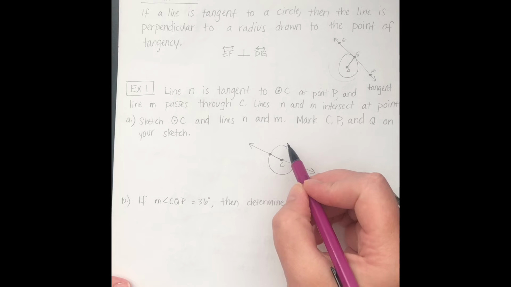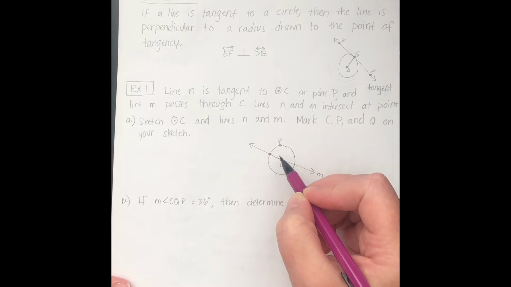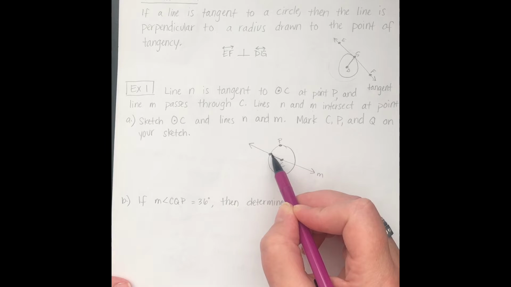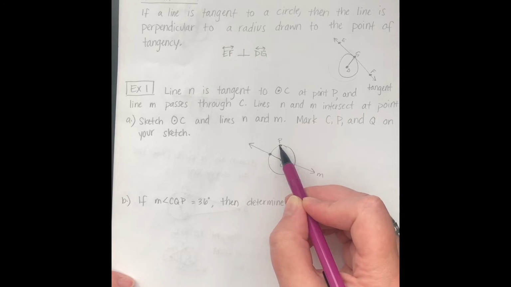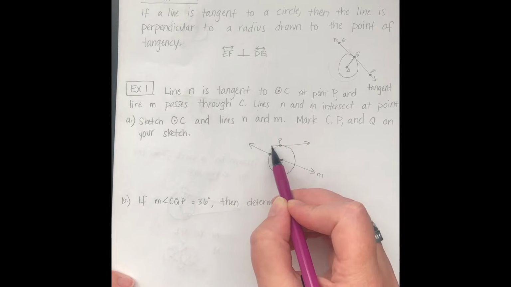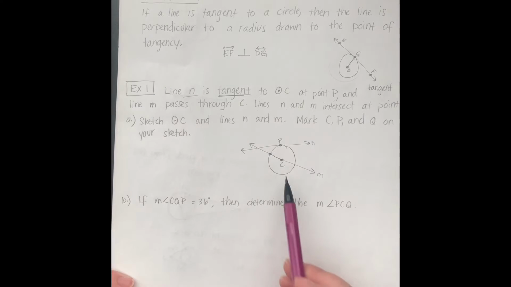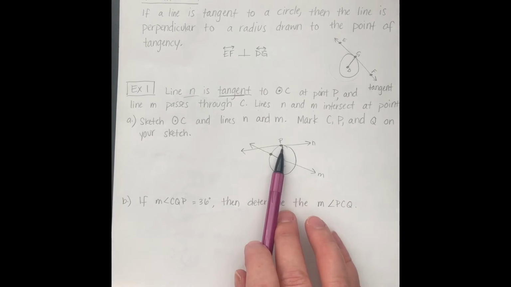Let's draw another point up here, point P. And these two lines are going to intersect not on the circle, because tangent lines only touch one point on the circle. This is the tangent line that we're going to draw, N, because line N is tangent to circle C. A tangent line only touches one point on a circle. So line N is right here, and it's tangent to circle C at point P.